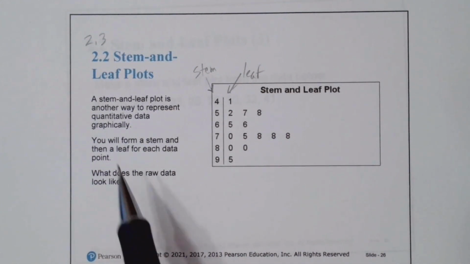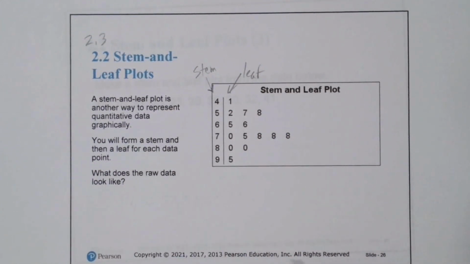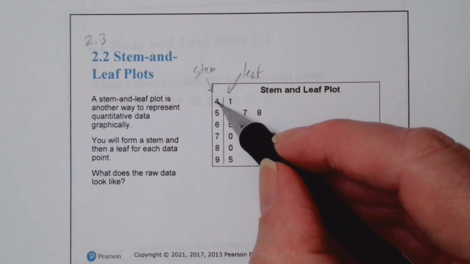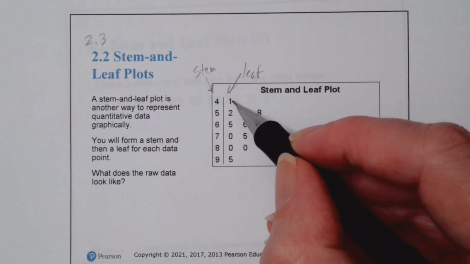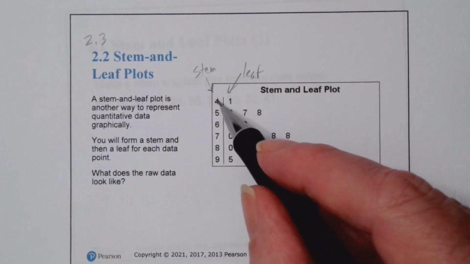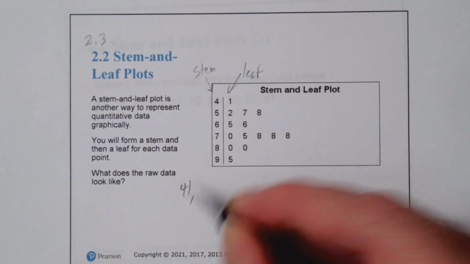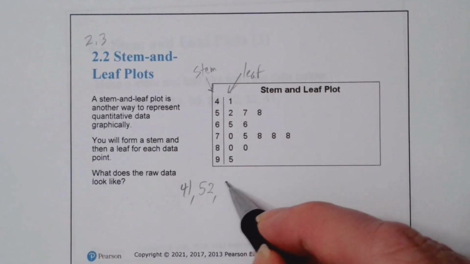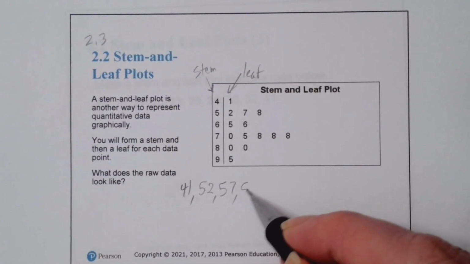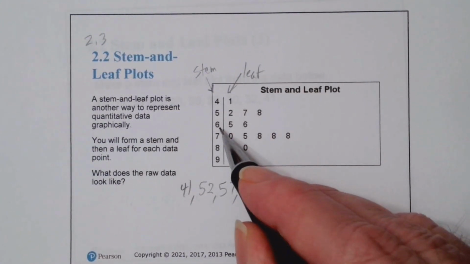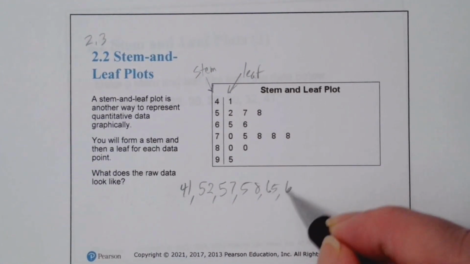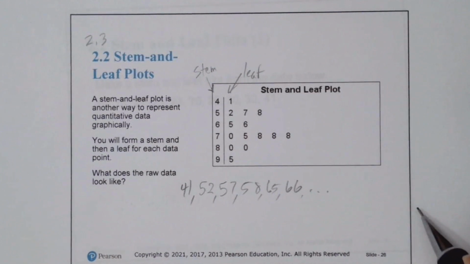So what does the raw data look like here? Basically the 4 is the tens place and this 1 is in the ones place, so this represents 41. And then here you have 52, 57, 58, and then we move on to the 6, we have 65 and 66 and so on.